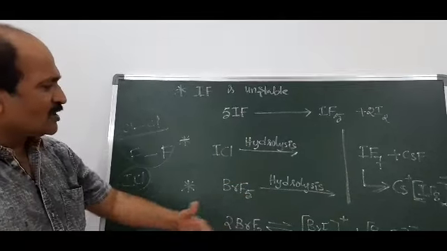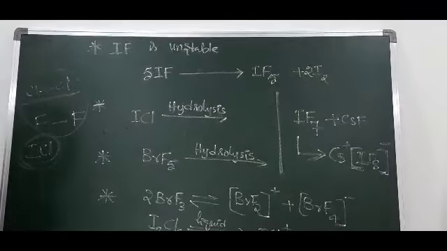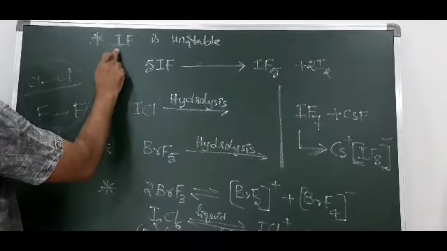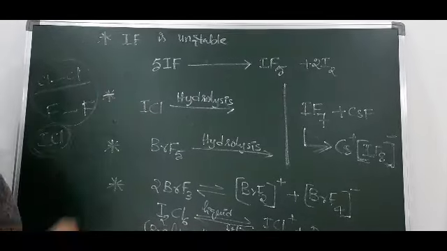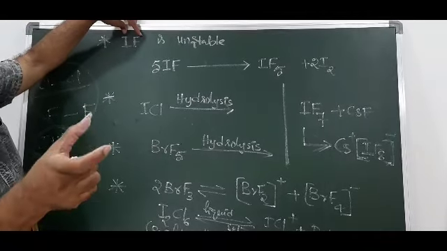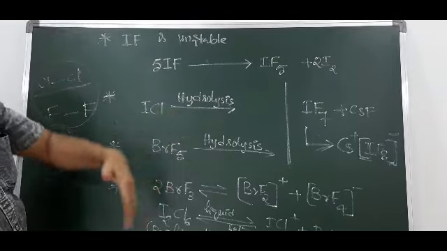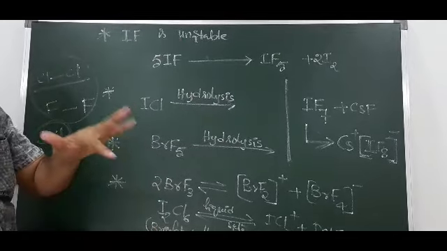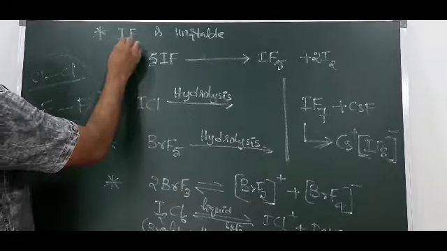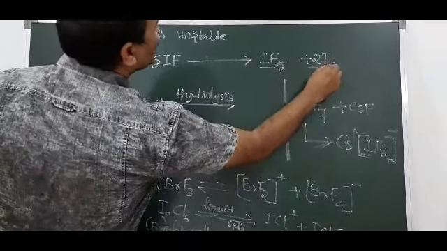Now come to some chemical properties and how they behave. The compound IF generally does not exist. What is the reason? The electronegativity difference between iodine and fluorine is so large that it can readily form either IF5 or IF7 but not IF. That's why IF is unstable and immediately decomposes into IF5 and I2.